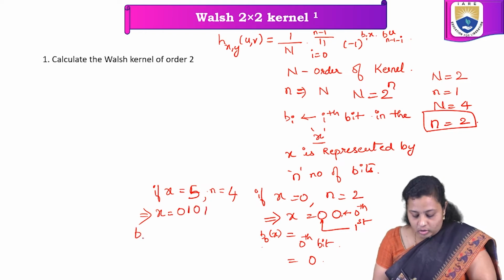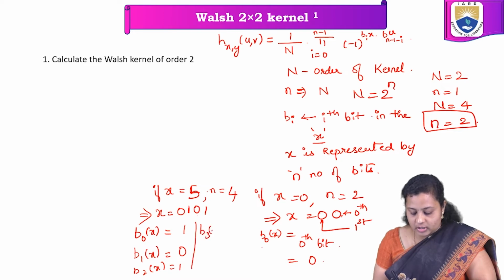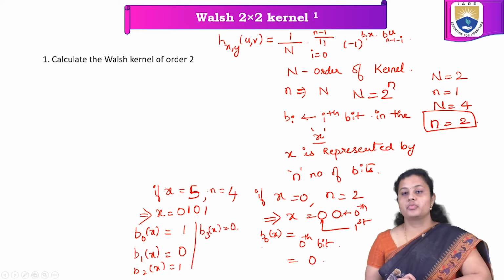So b naught of x here is the 0th bit representation of 5, which is equal to 1. b1 of x is equal to 0, which is the first bit representation of 5. b2 of x is equal to 1, b3 of x is equal to 0, right?